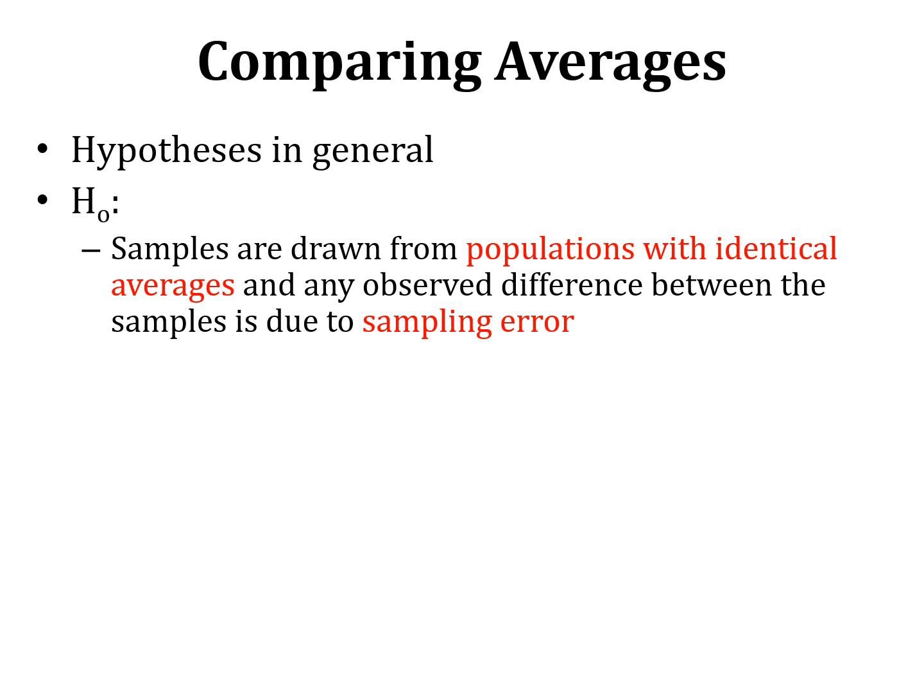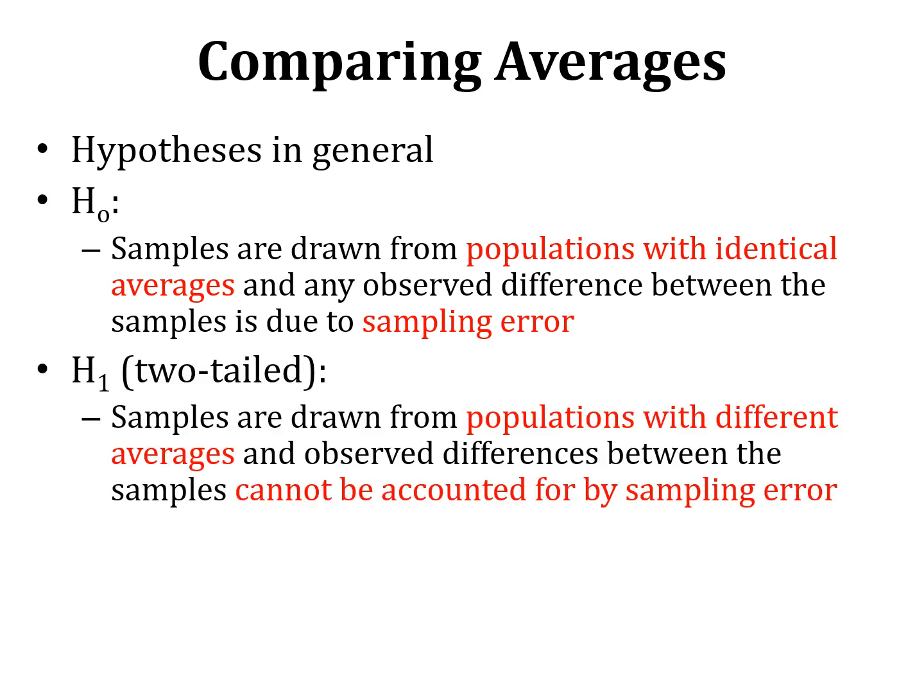So the samples are drawn from populations with identical mean values, and the observed differences in the sample means are because of sampling errors.